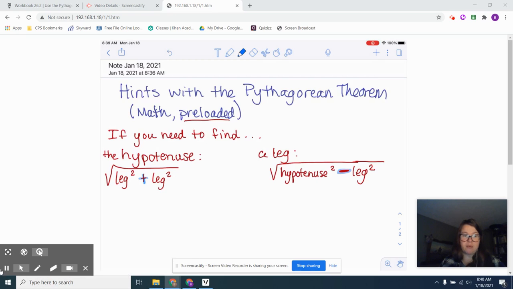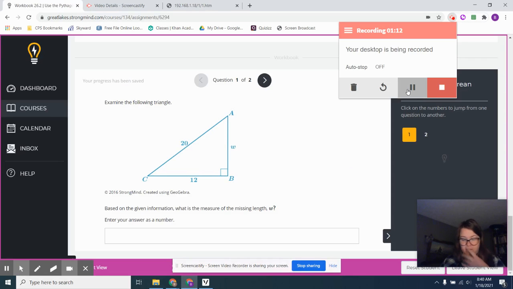So coming back to the problem that we had, right here, I can recognize the hypotenuse because it's directly across from the right angle. So that's the hypotenuse squared. I'm given a leg, so I want to find the other leg. So I'm going to use the one that I had on the right. I'm going to write down what I know. I know that the hypotenuse is equal to 20, and one of the legs is equal to 12.